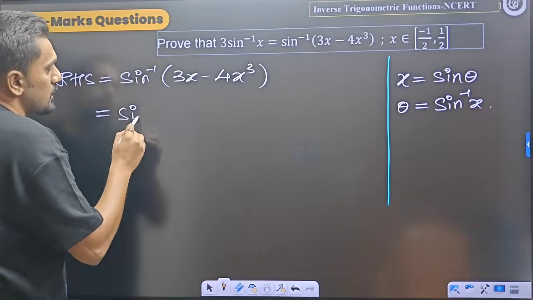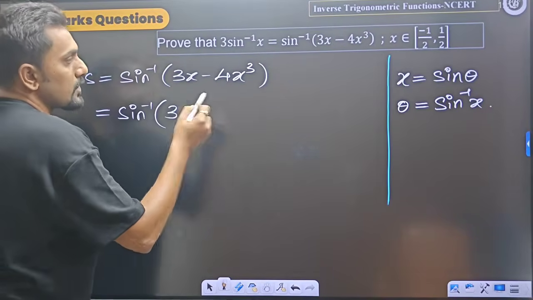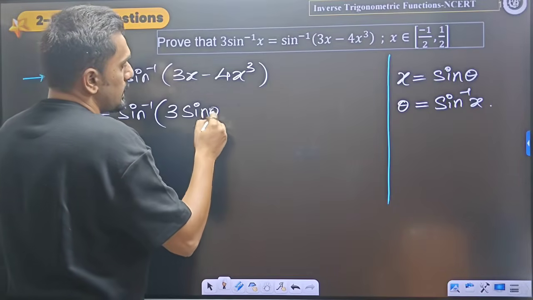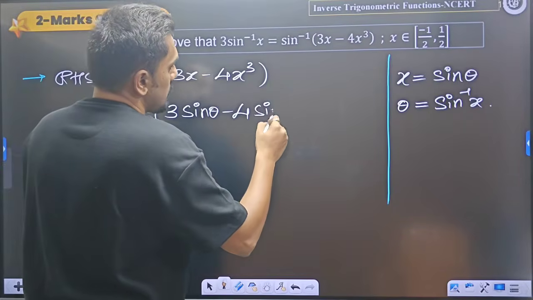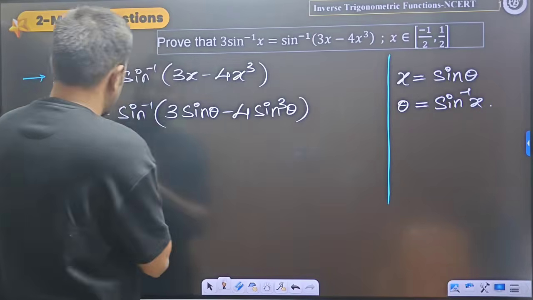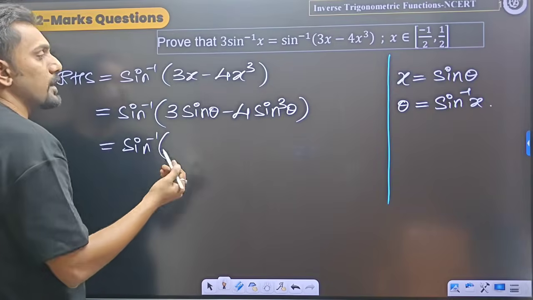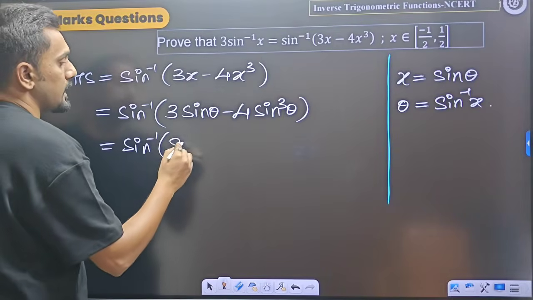So sine inverse of 3 into, what is my x? Sine theta. 3 sine theta minus 4 sine cube theta. Sine inverse of 3 sine theta minus 4 sine cube theta is nothing but sine 3 theta.